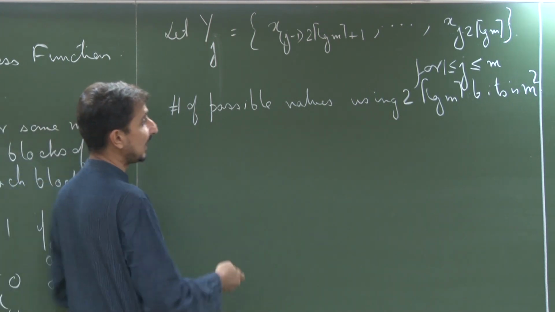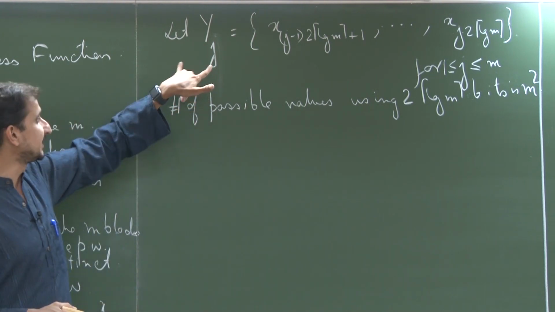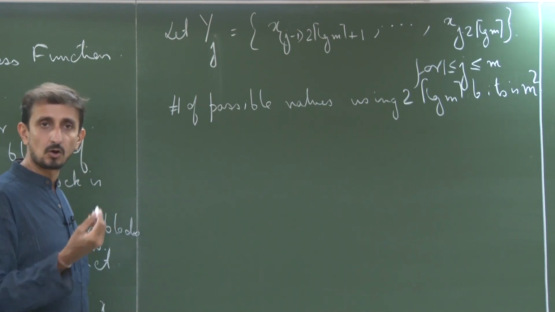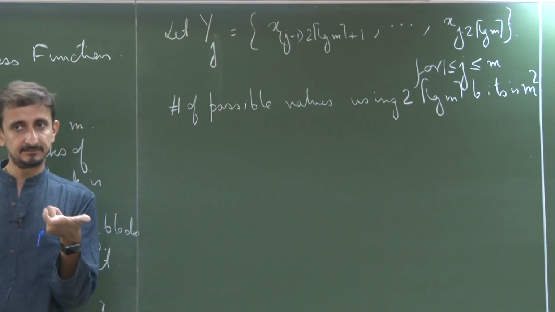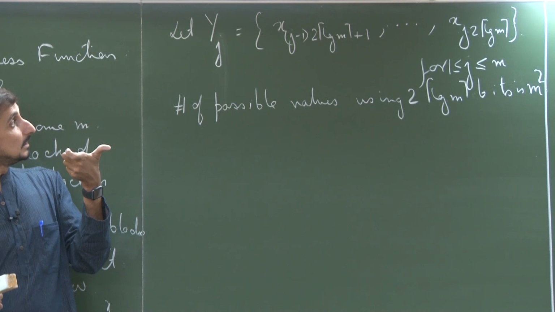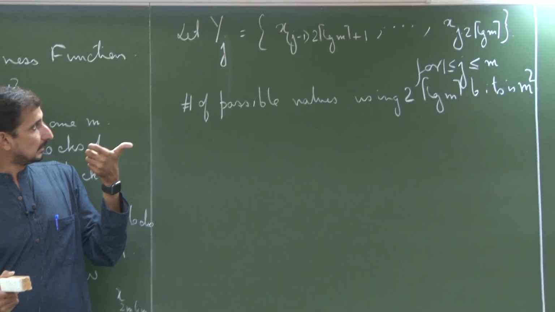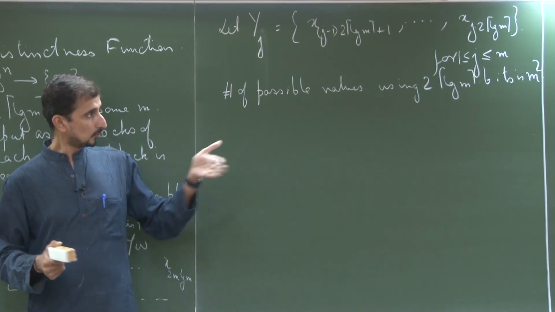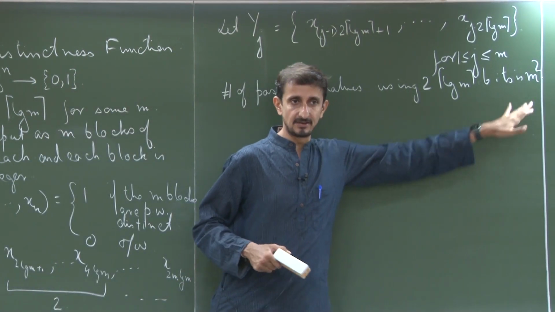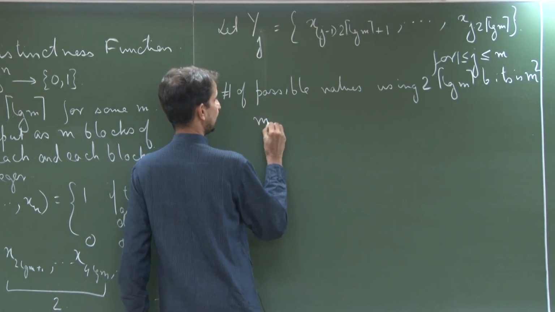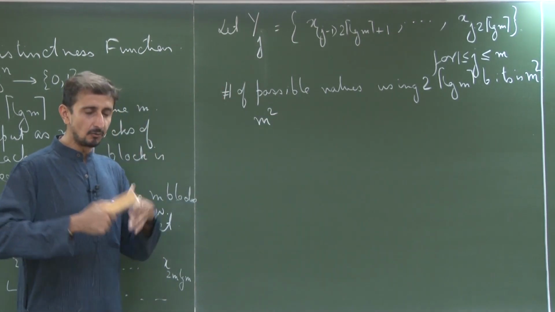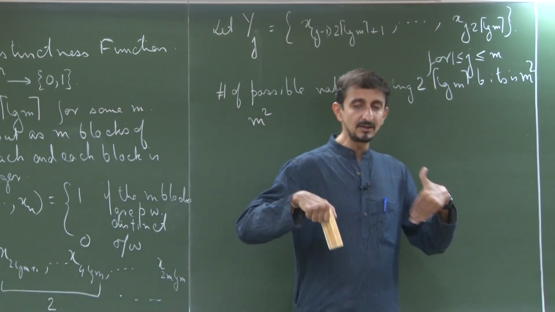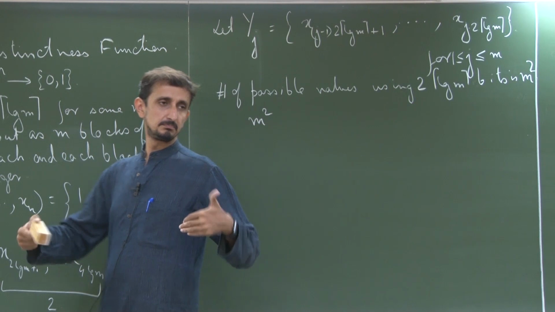So, how many different values can this yj take? Suppose we consider a block yj. How many different values can that yj take? 2 to the power 2 log m, so basically it can take m square many values, right. Out of these m square many values, how many values will set it to 0?